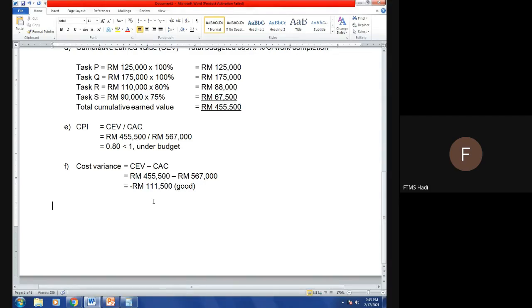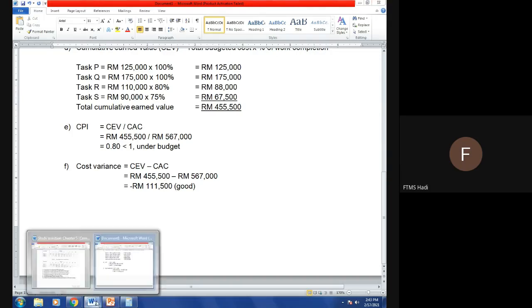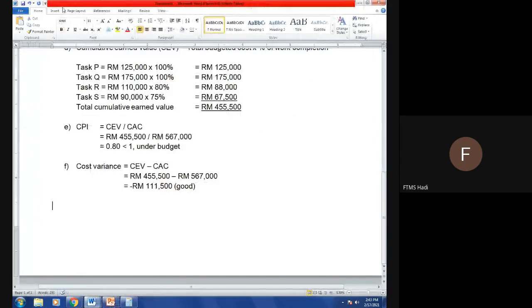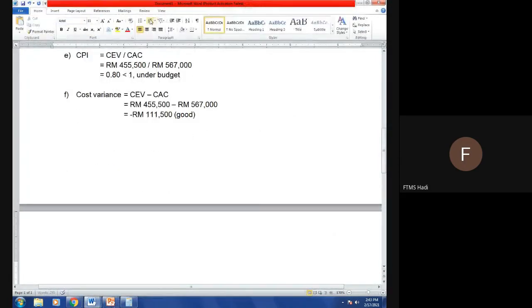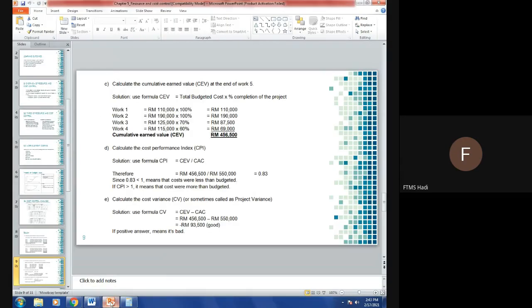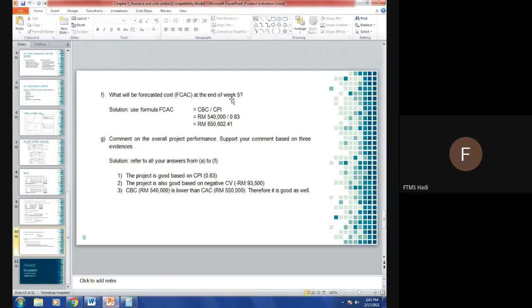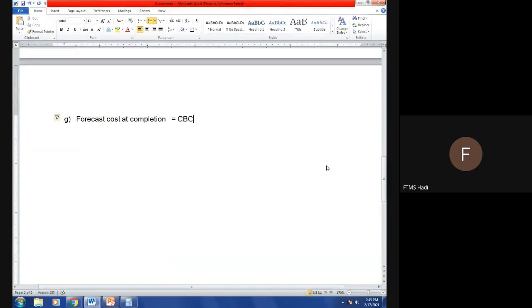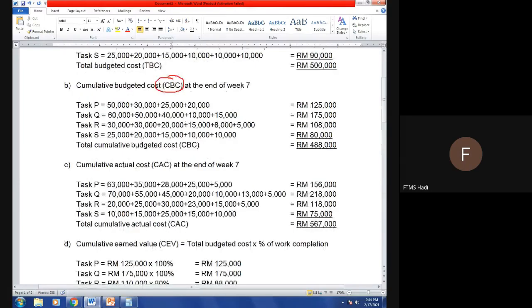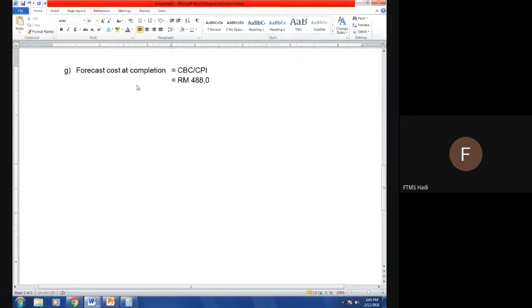All right. Next question will be forecast cost at completion. The formula of forecast cost after completion is CBC divided by CPI. You got CBC, this one, 488,000, divided by CPI.